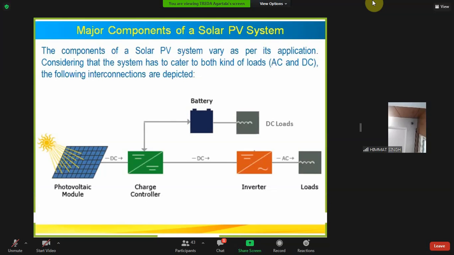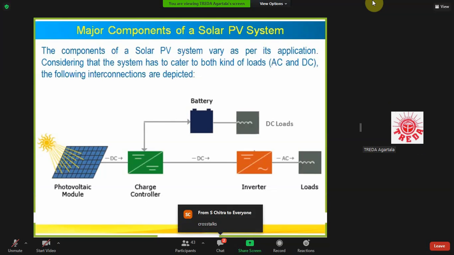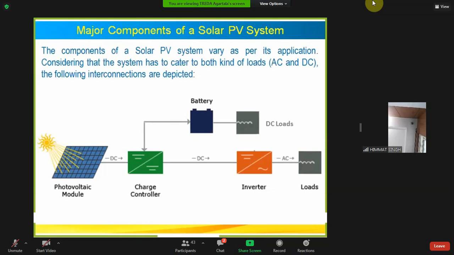So many DC apparatus, DC system lights are there, we can use. But if you have got an AC system, then the DC power is given to an inverter. The inverter is converting the DC power to AC, and we can feed the AC power to our loads.